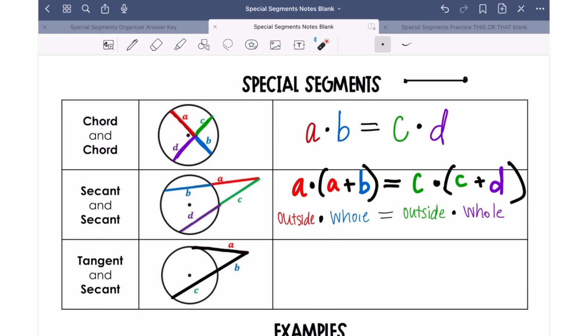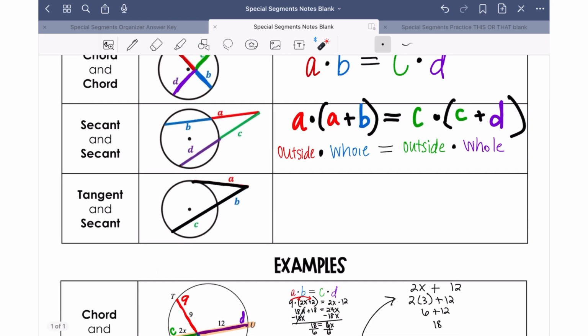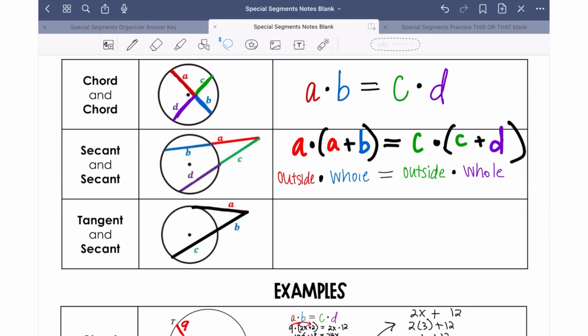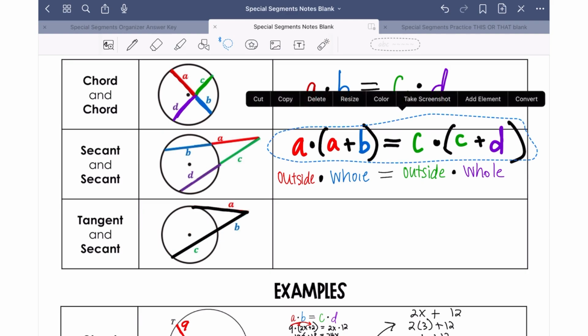You can choose to use this formula, or if you like this better, where it's just directly telling you, if you can understand the outside means this times the whole, which is this plus this. I'm going to use the regular formula for the example, but you're welcome to use the one you like.